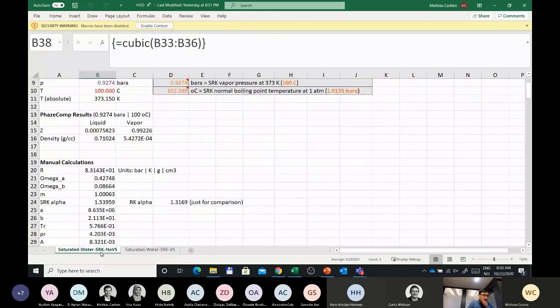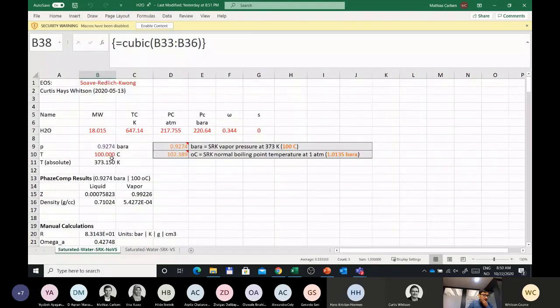What we did yesterday was we have this volume shift, that's the S term. Now we must be familiar with what is S. That's the C over B. And that was 0. So we were not using any volume correction, and we found that this density is about 30% different than what is expected.